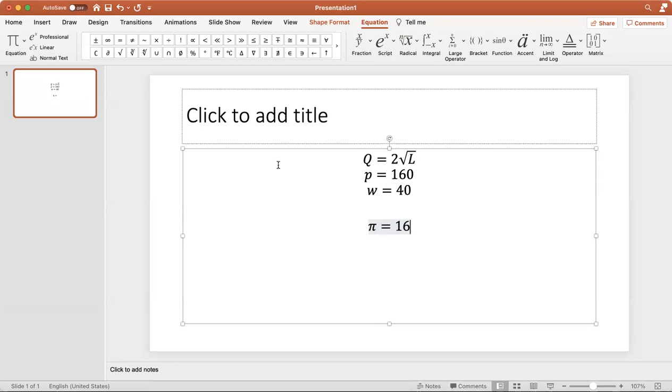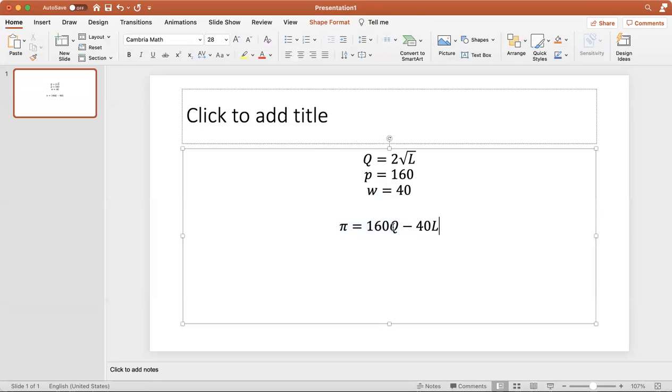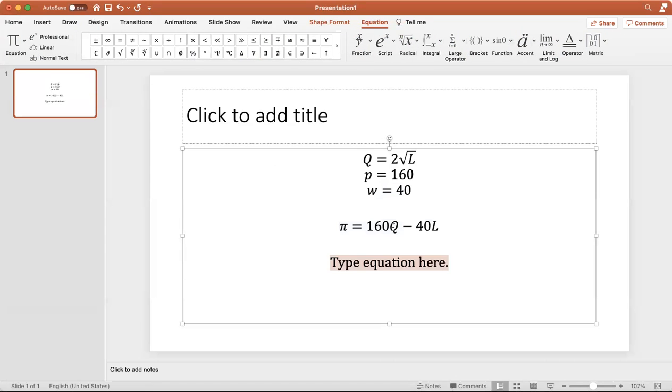So that's going to be 160 Q. This will be his revenue, minus the cost of employing labor, and that will be 40, that's the wage, times the number of units of L that he employs. But of course, you know what Q is.